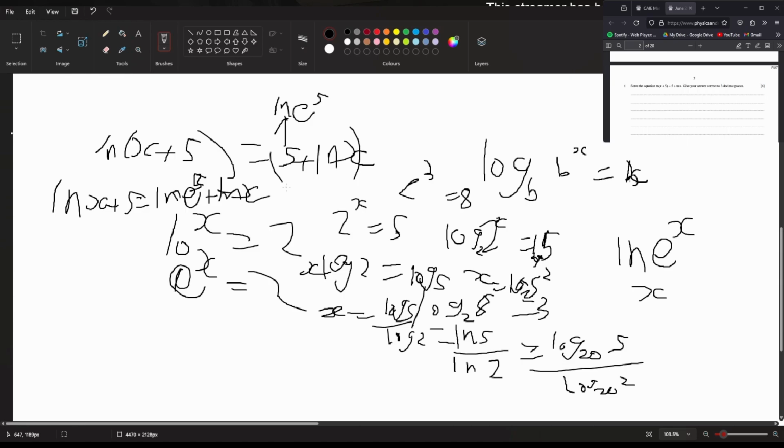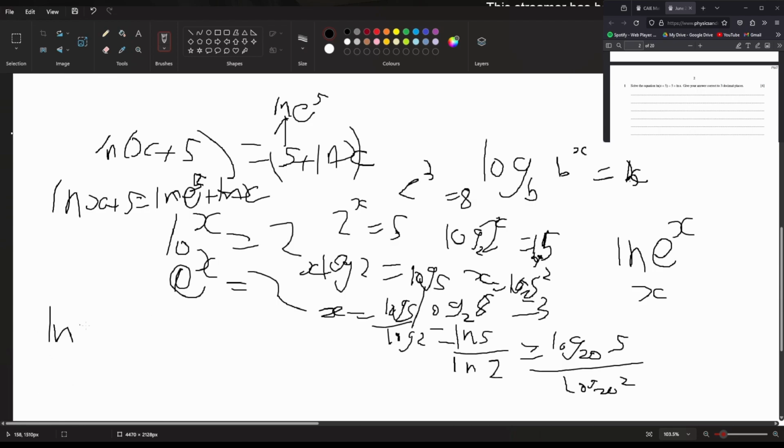Now, some nerdy stuff, which maybe if I have to wait for even longer I'll teach. Log plus log is the same as log of something in brackets times the other something in brackets.